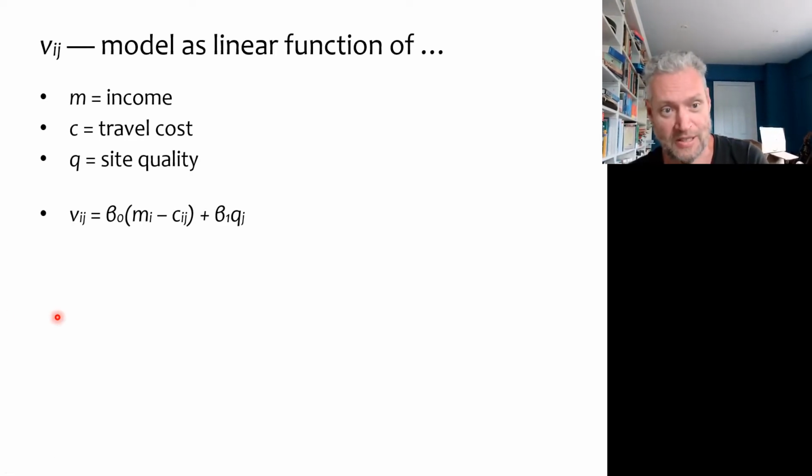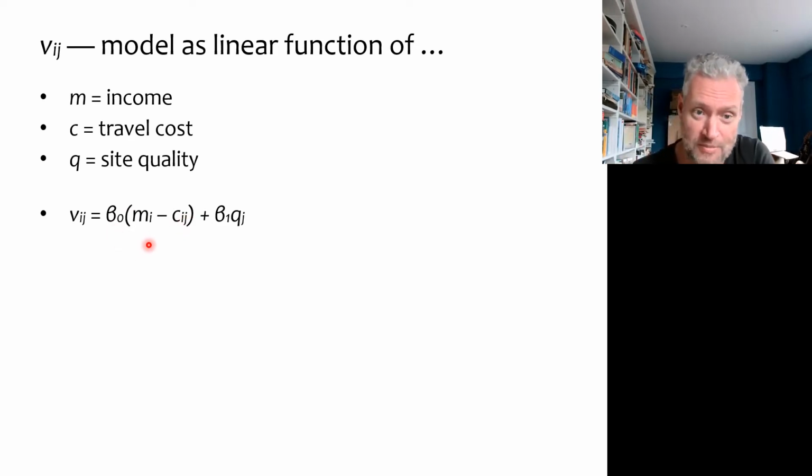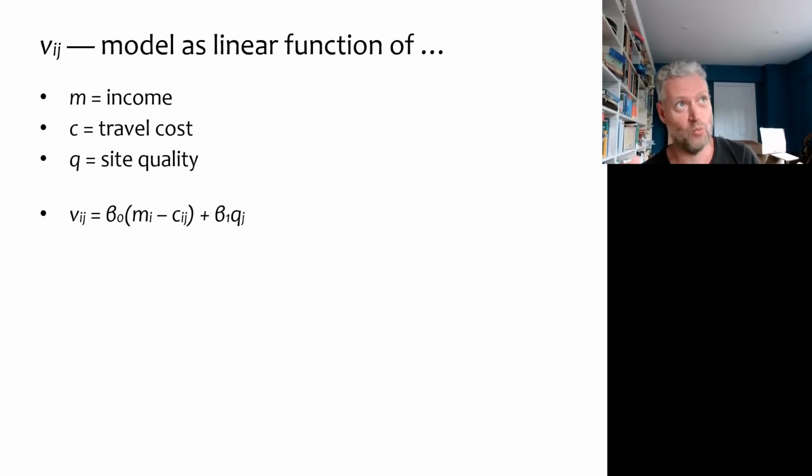Here is one particular example where the deterministic part is income minus travel costs, so this is the disposable income that remains. That this parameter is the same for the two of them is of course an assumption, and that's testable, plus the site quality, which is here assumed to be measurable by one particular indicator, but of course you can use whatever you have data available for.